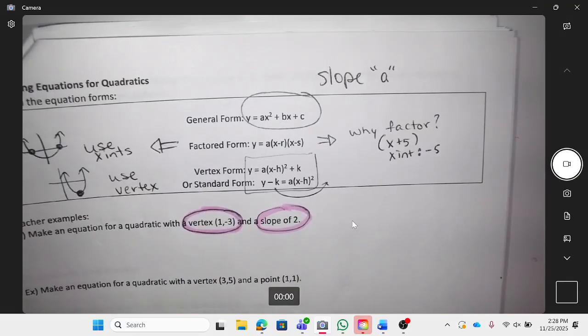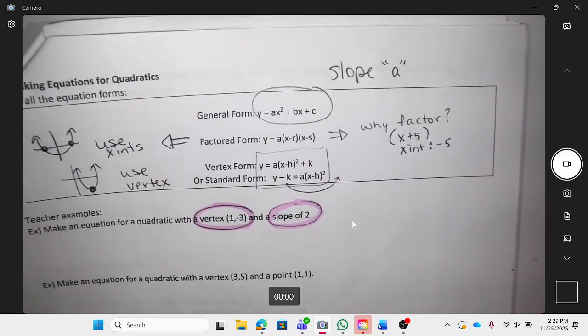Up or down, flipping, or it tells us how wide or narrow those arms are. Okay, you kind of use that word slope in grade 10 when you talked about the line, because your lines could go up, or your line could go down, just like a parabola could go up or down. And the slope number also told you how steep or flat-ish the line was, right?